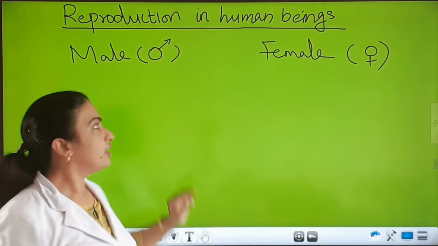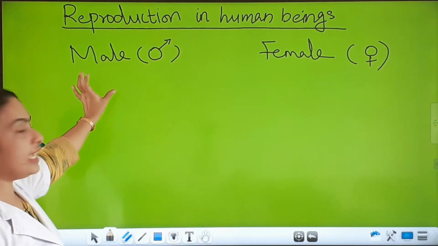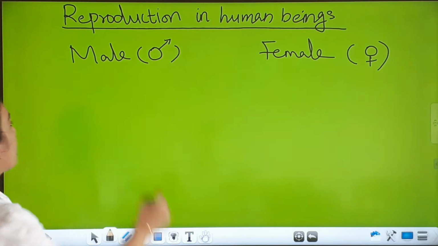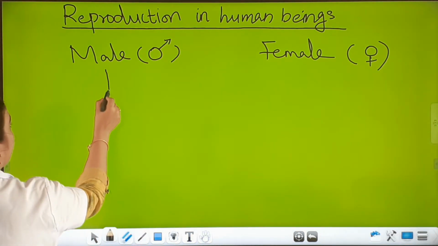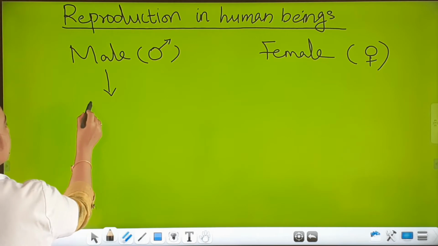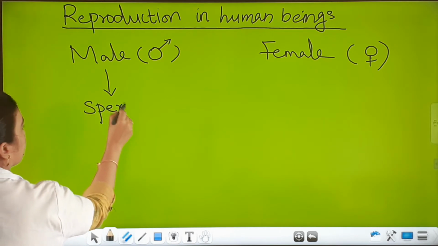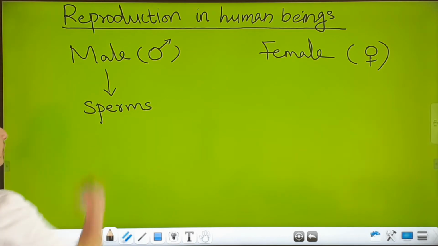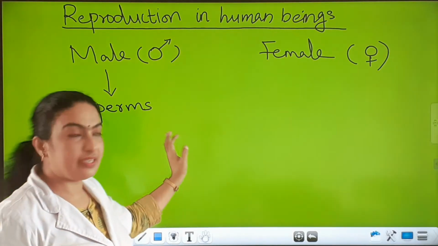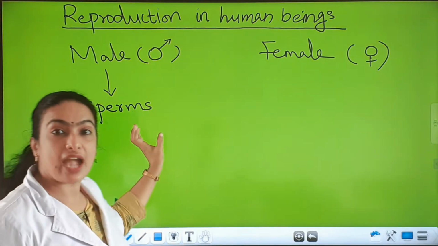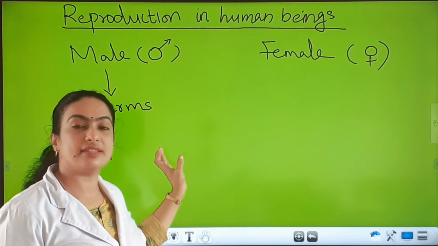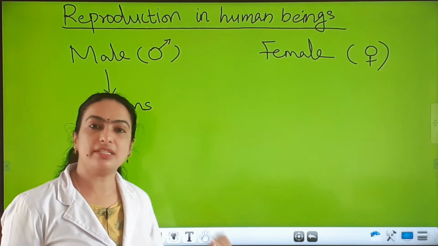Okay. So, here the male parent produces gametes, which is the male gamete sperm. Sperms are the male gametes and which is haploid in nature. In the last class I taught you about diploid and haploid.